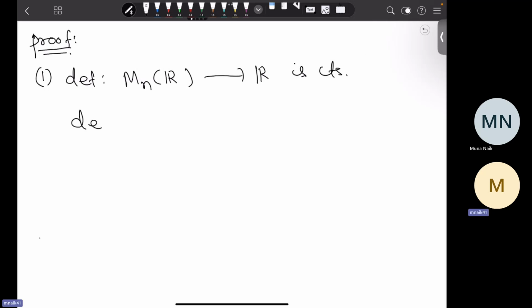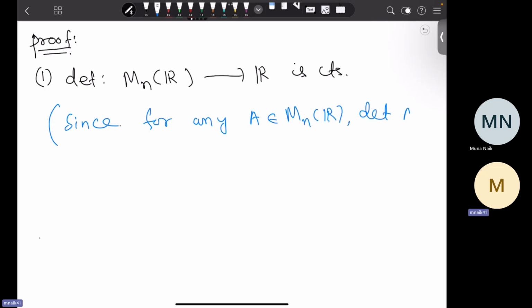Because for any A belonging to M_n(R), the determinant of A is a polynomial in the entries of A. Therefore the determinant map is continuous.